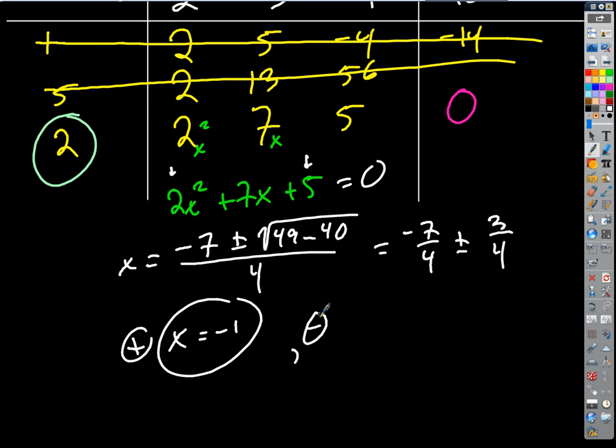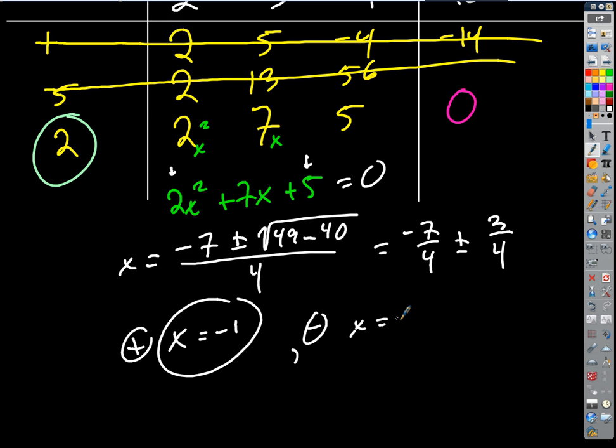What if we take the minus sign? I get negative 7/4 minus 3/4. What's negative 7/4 minus 3/4? Okay, new problem: what's 2/5 plus 1/5? 3/5. I get a common denominator.